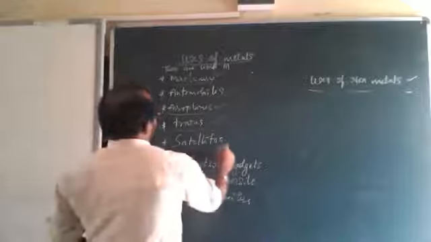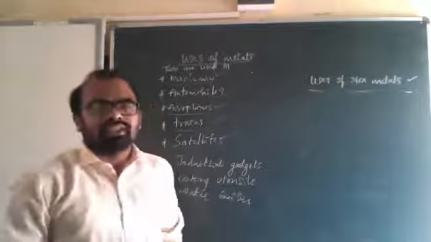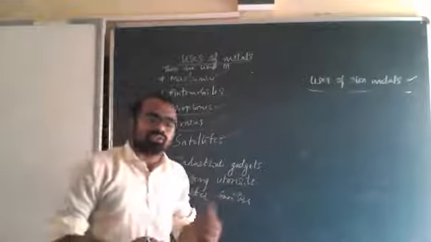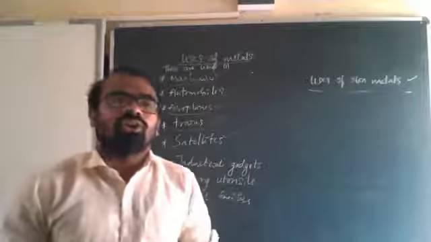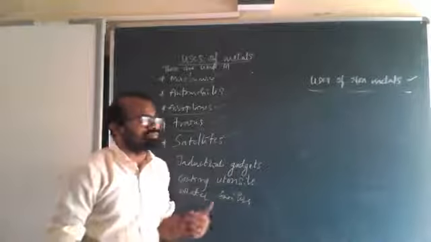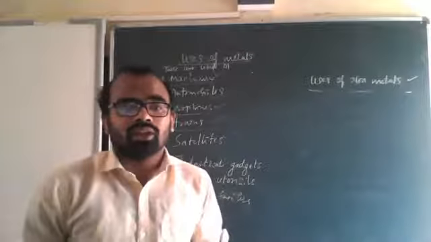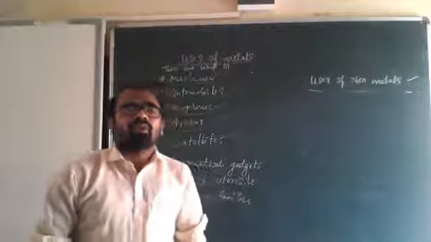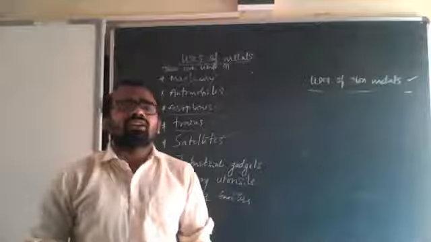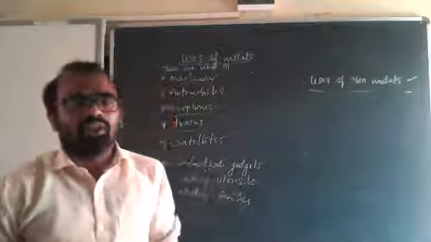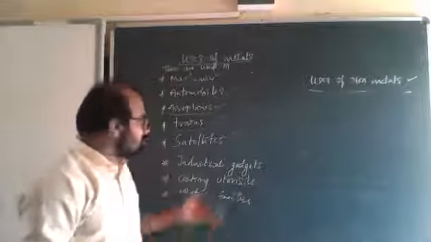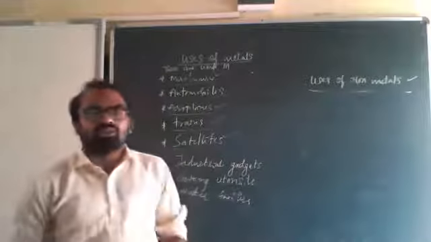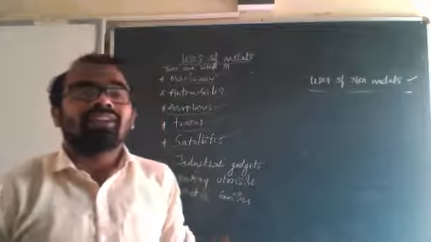Satellites. What is the work of satellites? Satellites give us the information about which they have been sent, whether it is a planet or you can say moon, okay, or earth. So geostationary satellites we can say. Okay, about that they give us the information. Okay, so then there also we are using metals and industrial gadgets. Metals are also used in industrial gadgets.